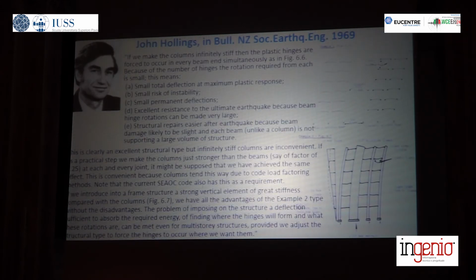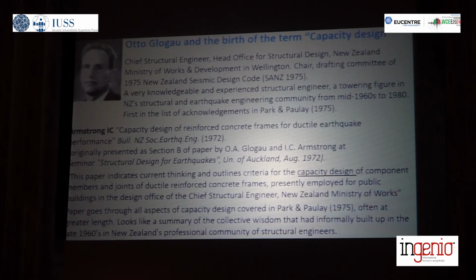However, Nigel had mentioned also another name, Otto Glogau. Otto Glogau was not a designer, and he was not named as the father of capacity design. Nevertheless, he was a very, very important player in the New Zealand community of earthquake and structural engineering.